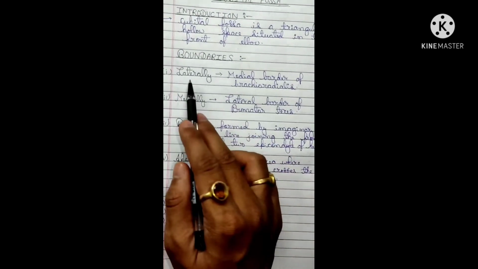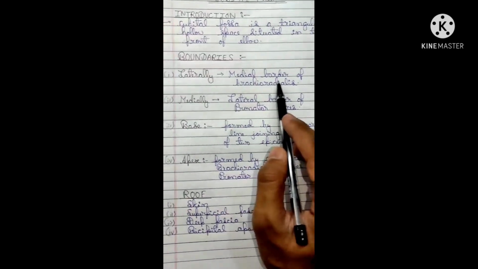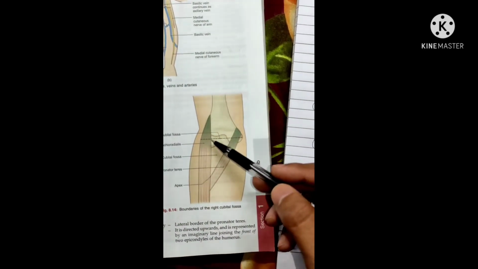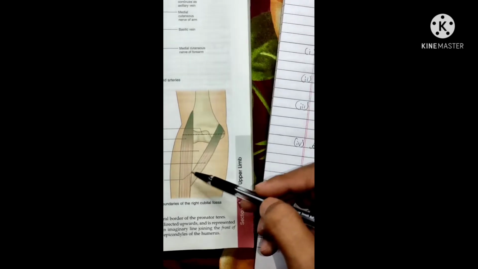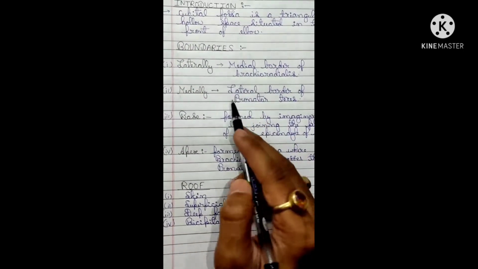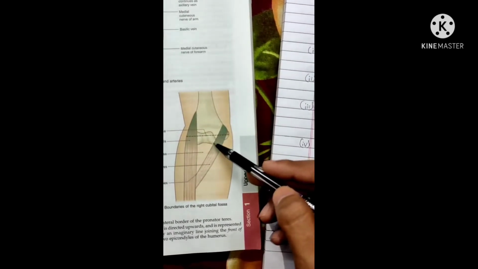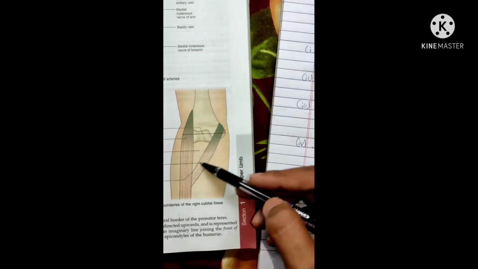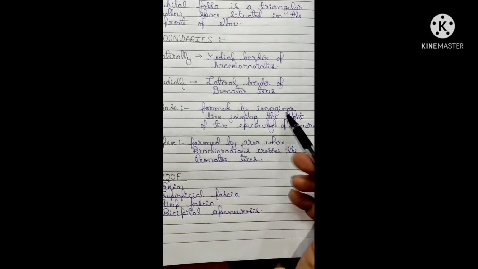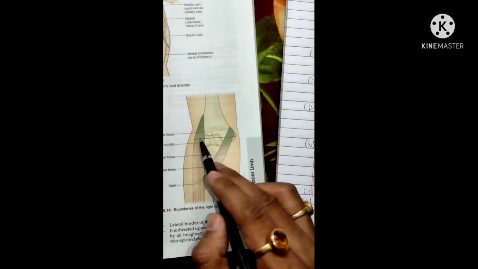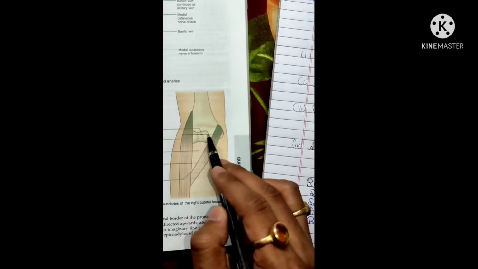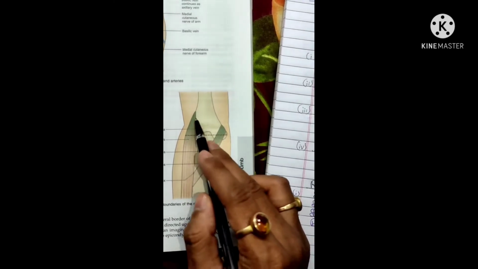Here it is written. On the lateral side, it is formed by the medial border of brachioradialis muscle. On the medial side, it is formed by the lateral border of pronator teres muscle. And the base is formed by the imaginary line joining the two epicondyles of the humerus.